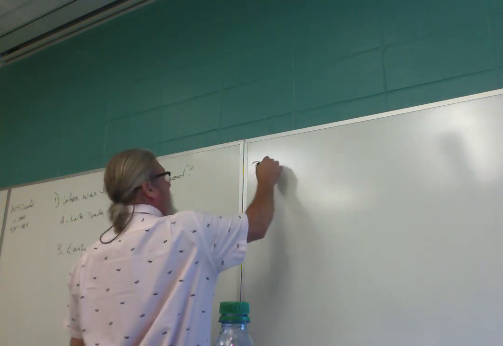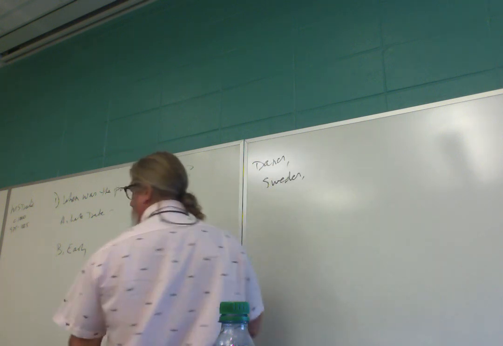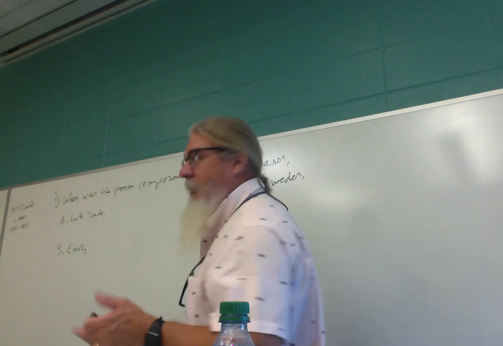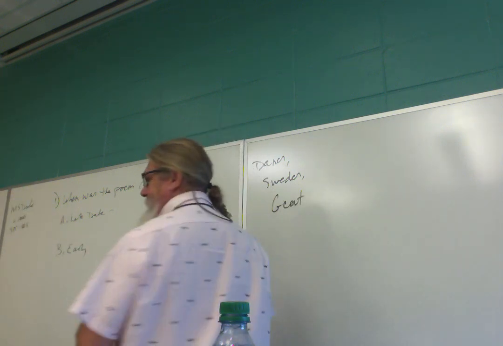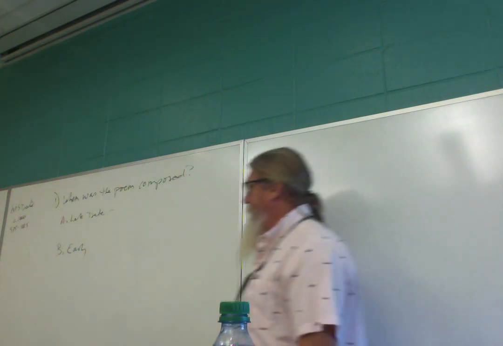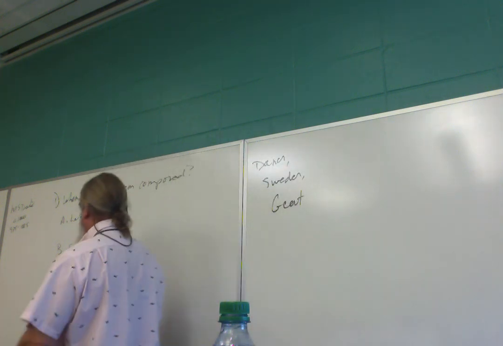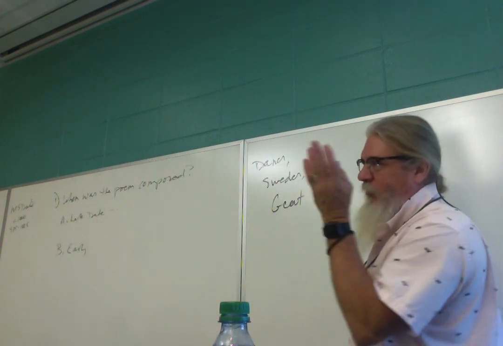So yeah, Danes, Swedes. What's the other major tribe? Beowulf the Geat, or Yeat, as some people will pronounce it. The Old English would have been Yeat. Modern English people just say Geat.